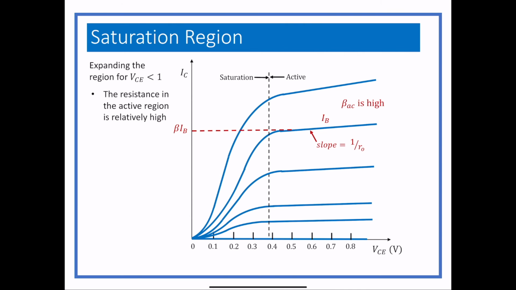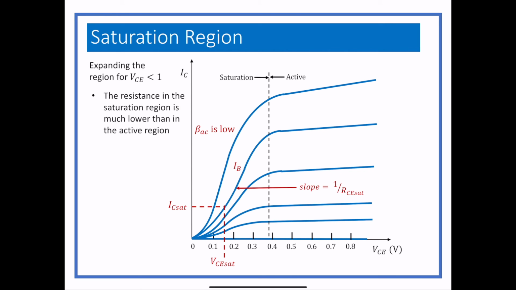If we move to the saturation region, the AC beta value is low. And there's actually a specific resistance that you get from this, which is RCE saturation, which is going to be different than RO. But it's hardly ever put into a circuit and used.